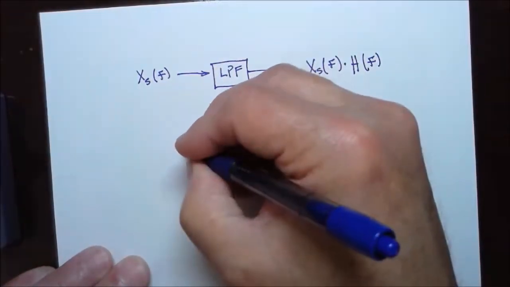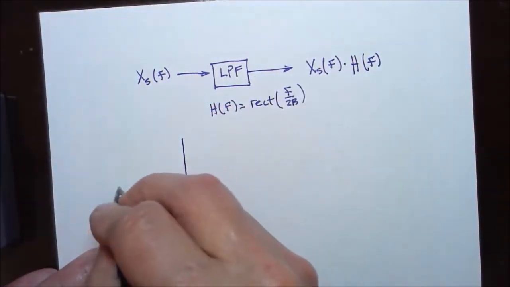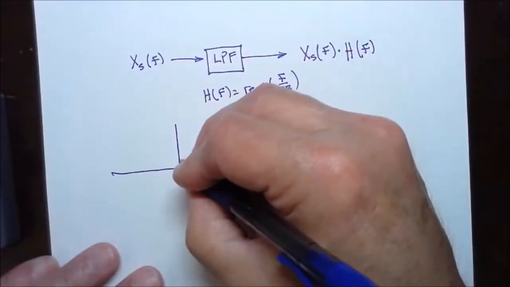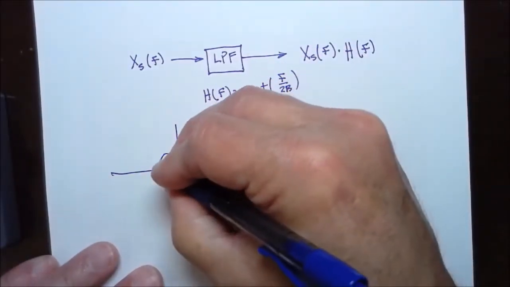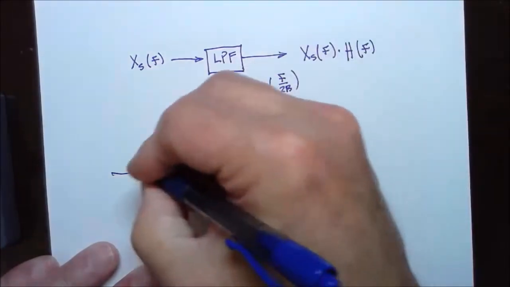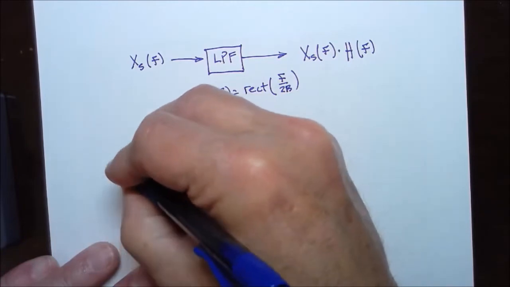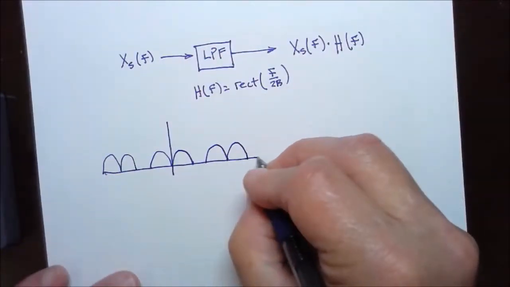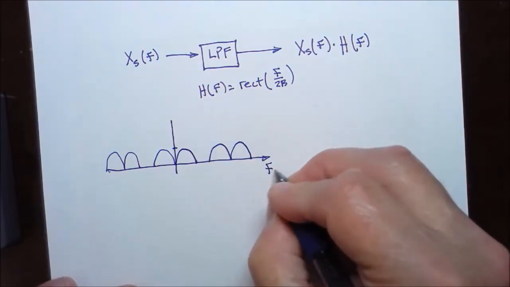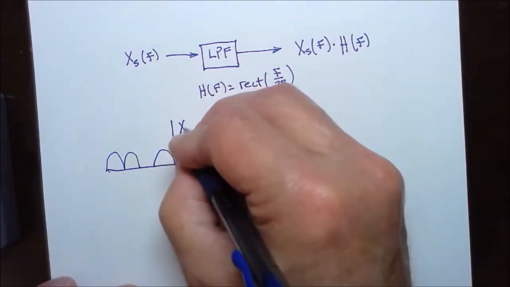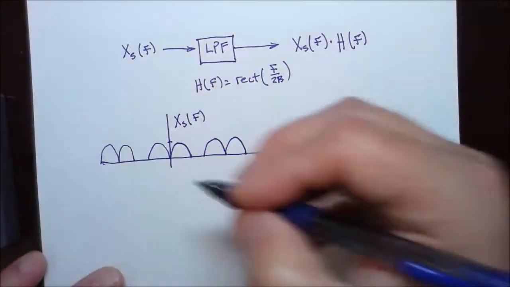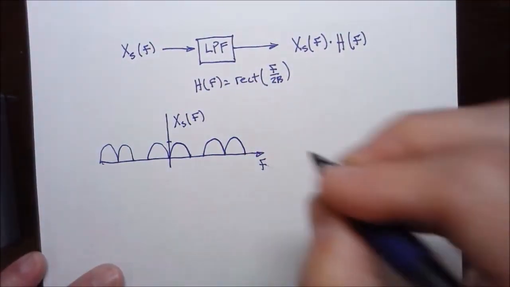So when the spectrum of the input signal is this sequence of replicas of the spectrum of the original message signal, they each have a particular scale. I'm not overly concerned about the scale, because we can always amplify and change scale factors.